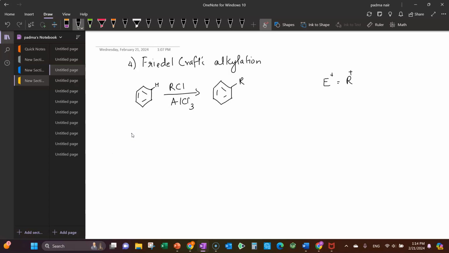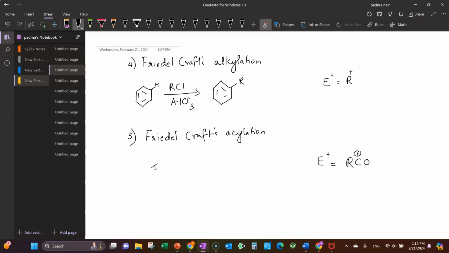And finally, the fifth reaction that we will look at is Friedel-Crafts acylation, where the electrophile is now an acyl group, which is represented like this, RCO+.